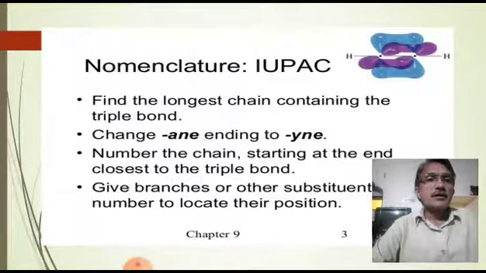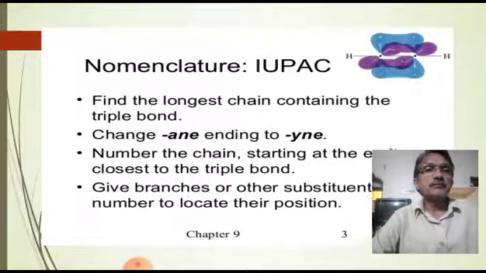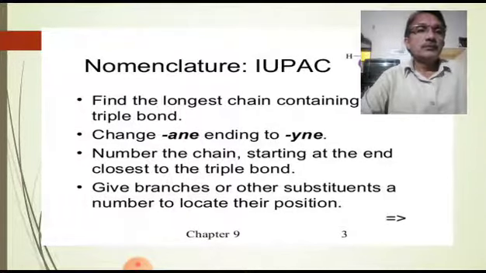Change the ANE ending to YNE, yne. Number the chain starting at the end closest to the triple bond. Give branches or other substituents a number to locate their position.